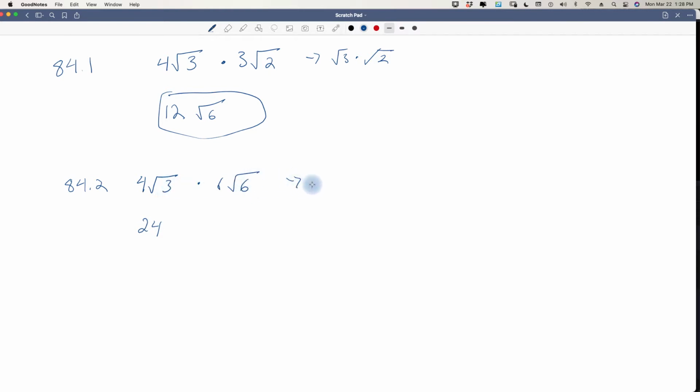Well, the square root of 6 can be broken down into the square root of 3 times the square root of 2. And because we have two matching radicals, we can pull that 3 out as a factor, and then we have the remainder of the square root of 2. So this becomes 72 times the square root of 2.